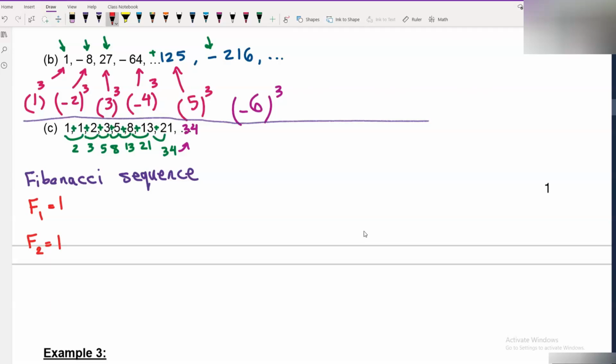So this is the pattern that we have for this bar. So we have these two, and also we have this rule that we have to follow: F(n+1) is equal to F(n) plus F(n-1).